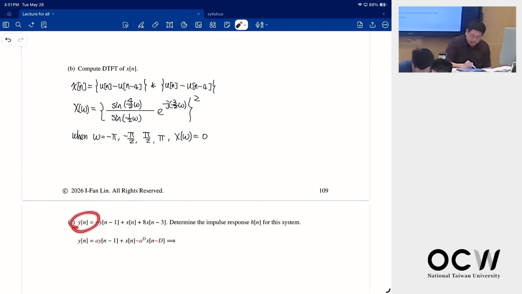Next, I have an output and I want to determine the impulse response. If I have an output like this, this is like a form here. In this case, what is A and what is D?